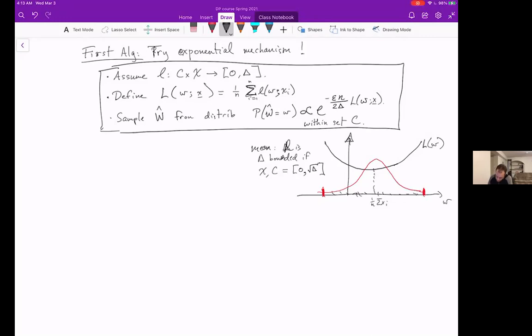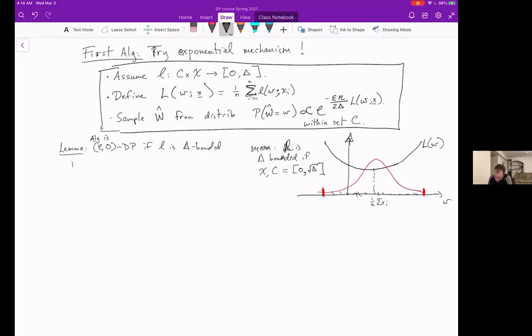Okay, so the first thing to notice is that this is always differentially private. So it's epsilon 0 differentially private if L is really delta bounded.